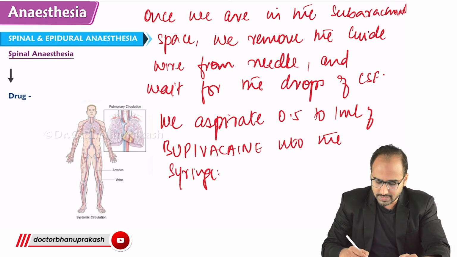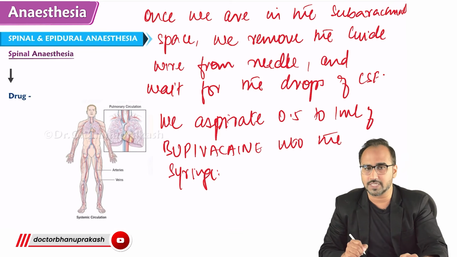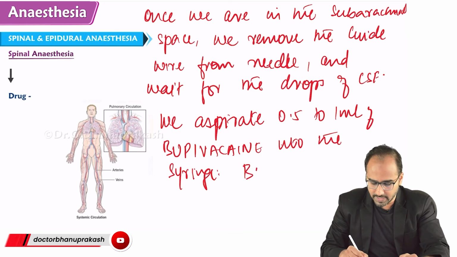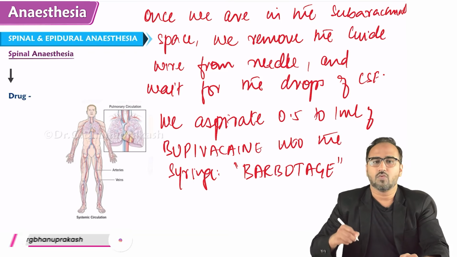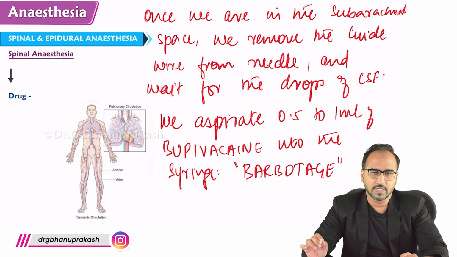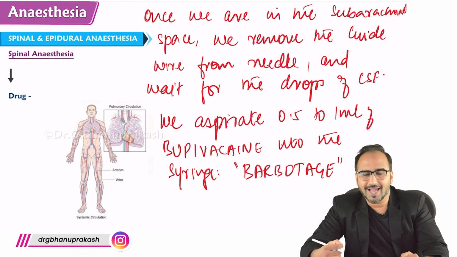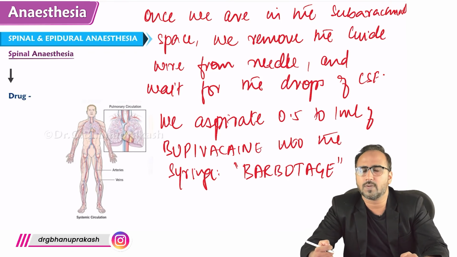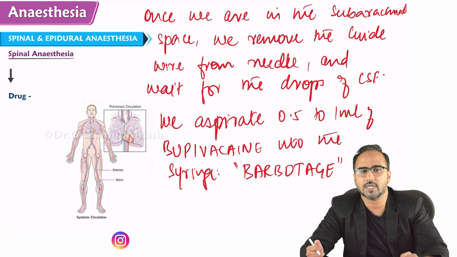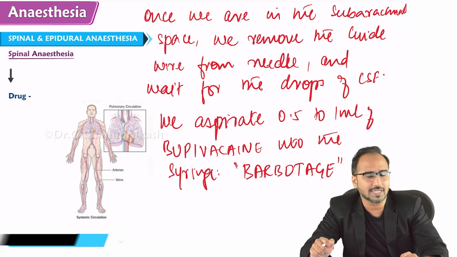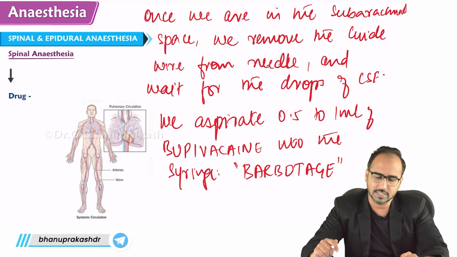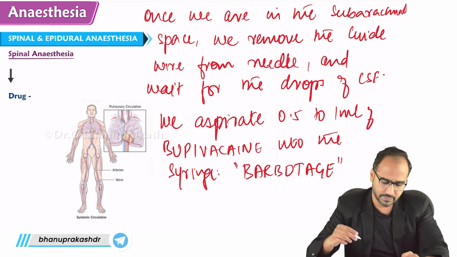This aspiration back into the syringe is called barbotage. So once you are in the CSF, we aspirate some 0.5 to 1 ml, and then we inject this bupivacaine.